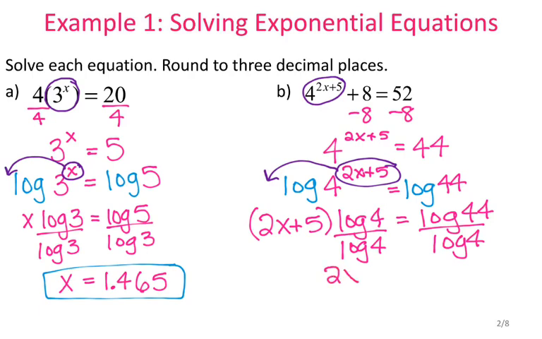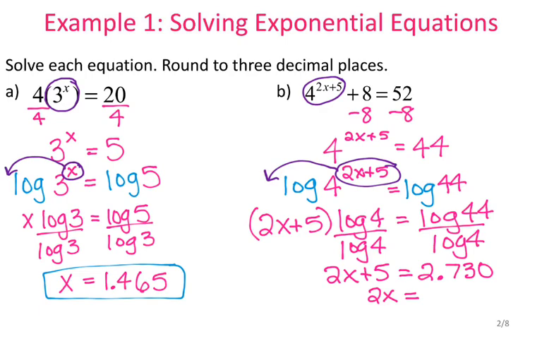and that leaves me with 2x plus 5 equals log of 44 divided by log of 4, and that gives me, let's see, 3 decimal places, 2.730. And then from there, I'm going to subtract 5 from both sides.